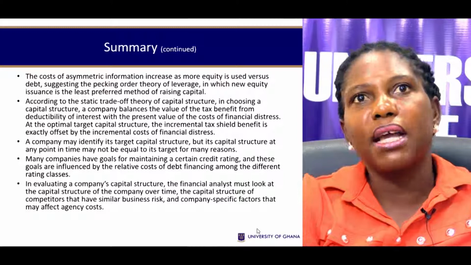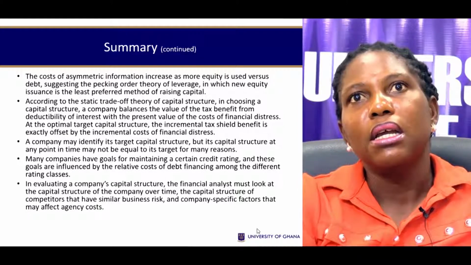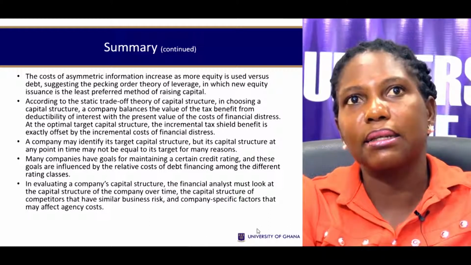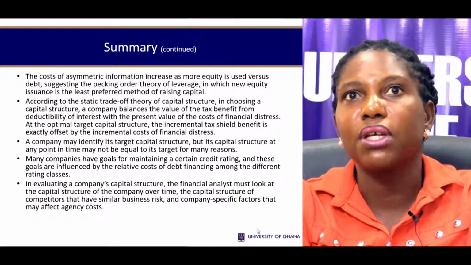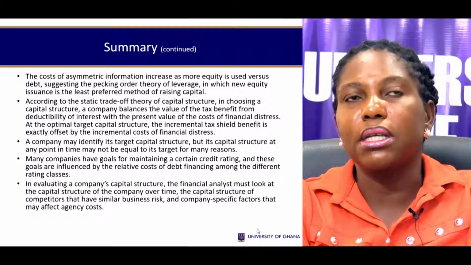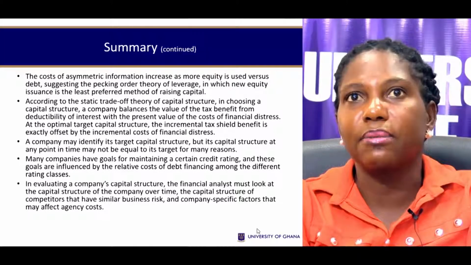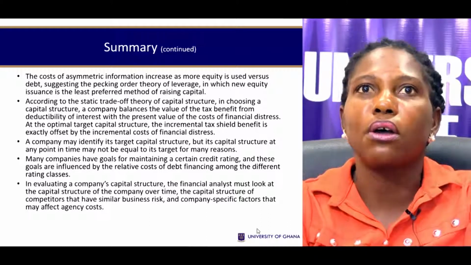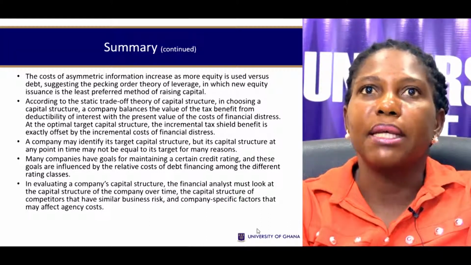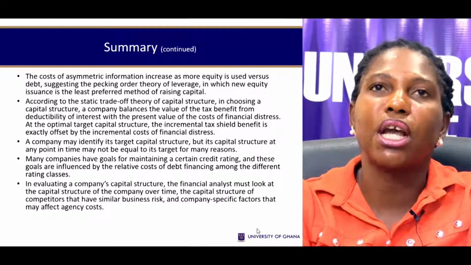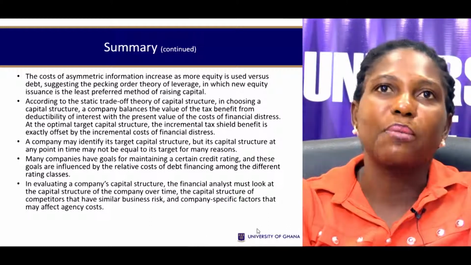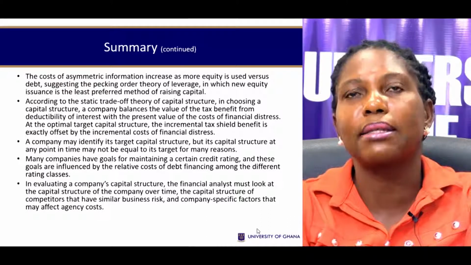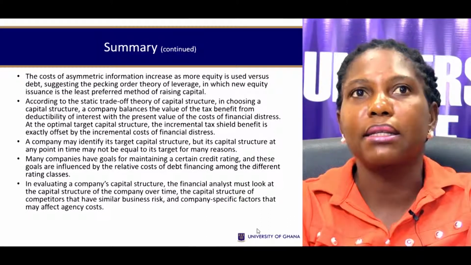But then the cost of asymmetric information increases as more equity is used versus debt, suggesting the pecking order theory of leverage, in which new equity is the least preferred, because as more equity is issued, the cost of information asymmetry increases, meaning that shareholders do not have as much information as managers do, and that could go against them in terms of pricing.